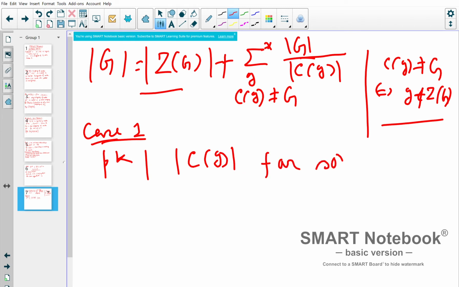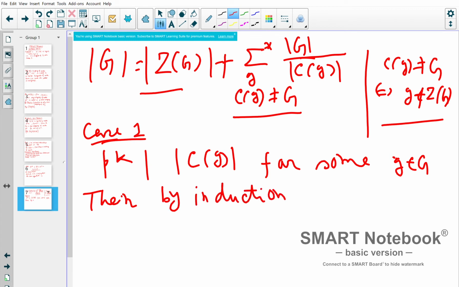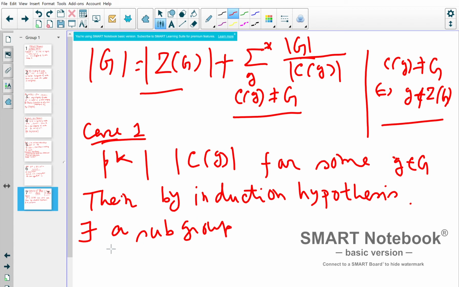Then, see, these centralizers of g are actually proper subgroups of G. Now, if P power K divides the order of the centralizer of g, then by the induction hypothesis there exists a subgroup H of the centralizer of g, because the order of the centralizer is strictly less than the order of the group.